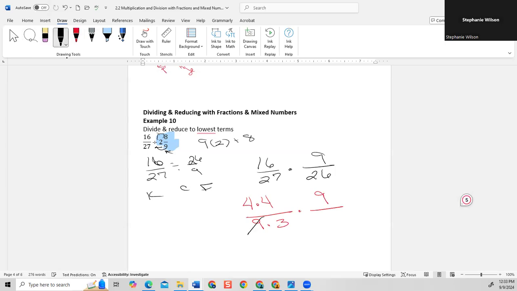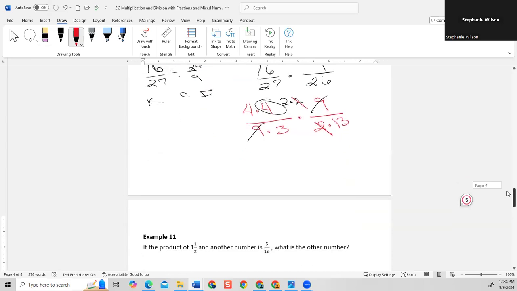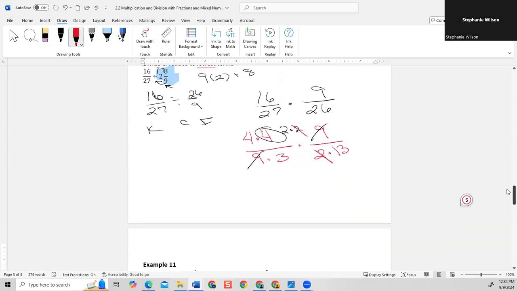They automatically reduce. 26 is going to be 2 times 13. So what I see here is this 4 can be 2 times 2, and I can reduce one of them. So always reduce if you can while the numbers are small. If you get big numbers, you might not reduce all the way.